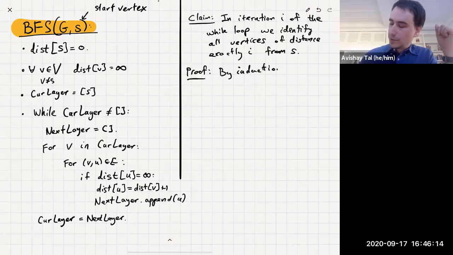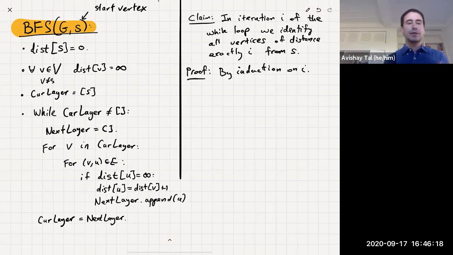I will not go into the details, but it's not that complicated. In the first layer, what you're going to identify is all the neighbors of S. These are indeed the ones that are of distance 1 from S. This is the base case, and all the other cases are simple induction.